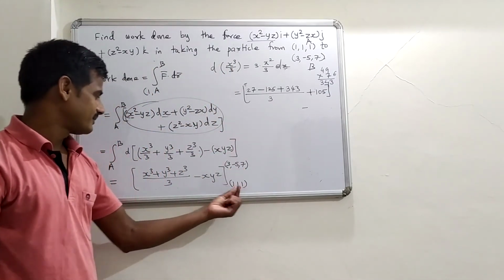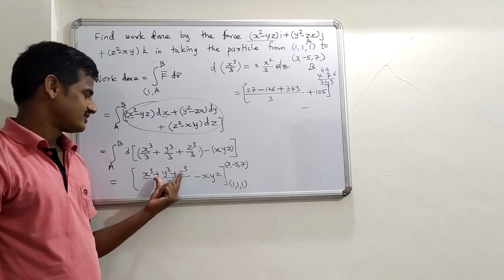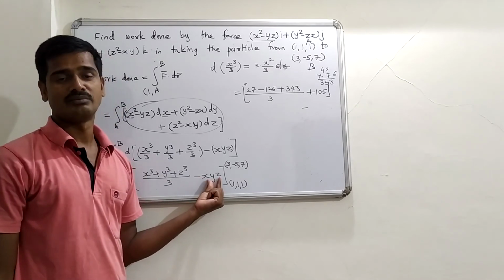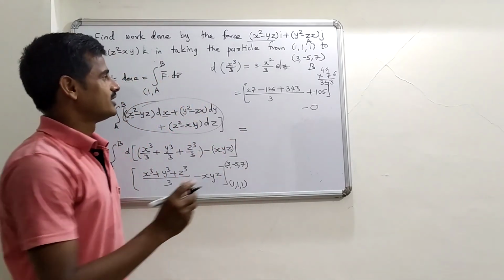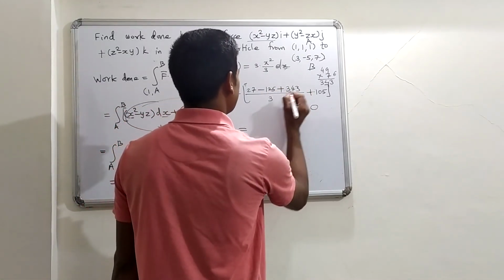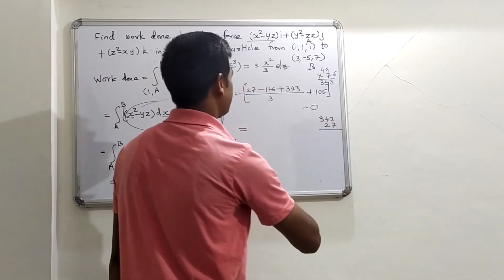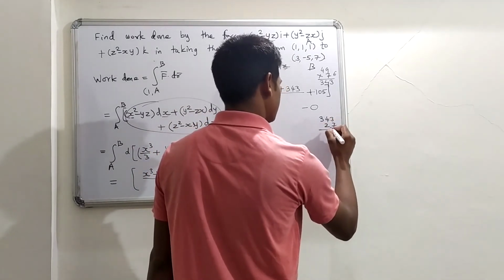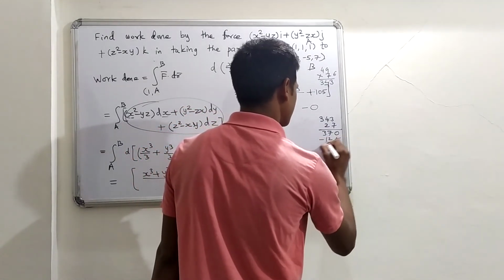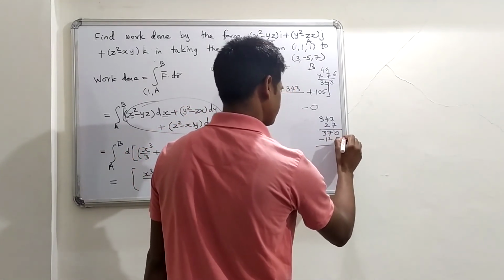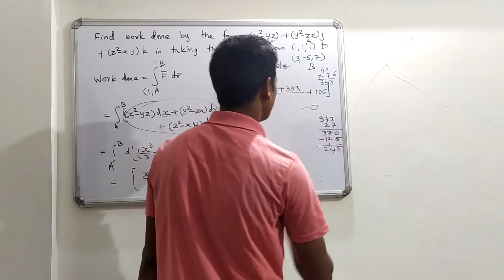What about the lower limit? x is 1, y is 1, z is 1. So 1 cube is 1, plus 1 plus 1, that is 3 by 3, minus 1. So 1 minus 1 is 0. So the lower limit value is 0. Now you just calculate this expression: 343 plus 27 is 370, minus 125 is 245.